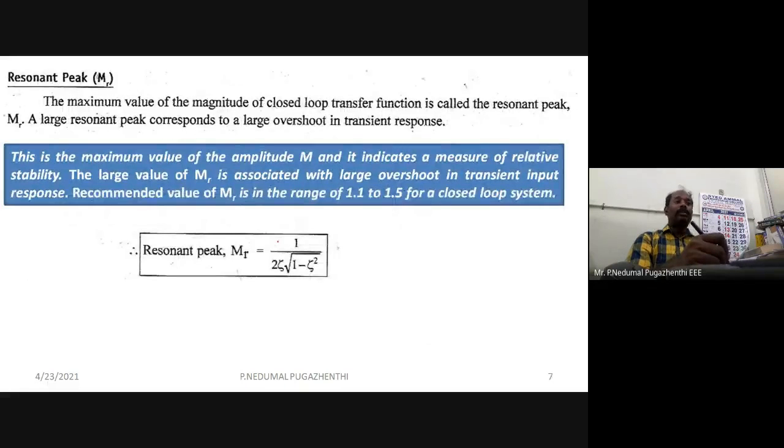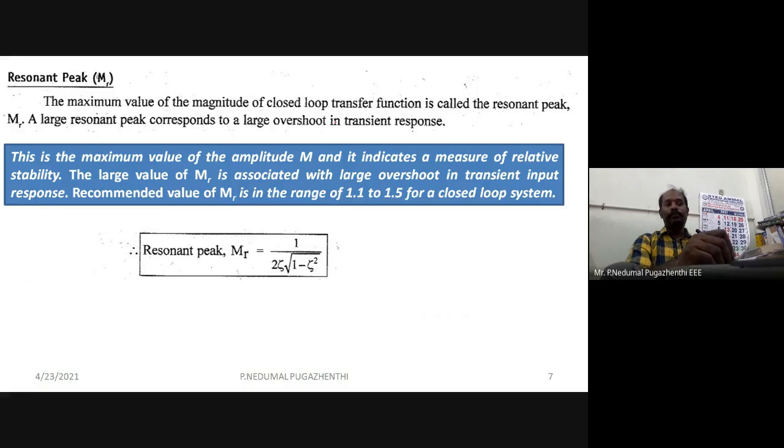The first one is the resonant peak. The maximum value of the magnitude of your closed loop transfer function is denoted as the resonant peak, and a large resonant peak corresponds to a large overshoot in the transient response. That is why I said this is equivalent to the maximum peak overshoot, MP, discussed in your time domain specifications.